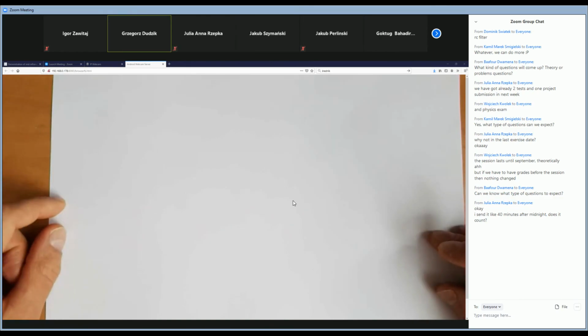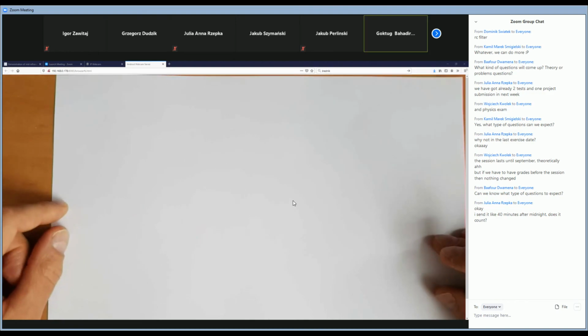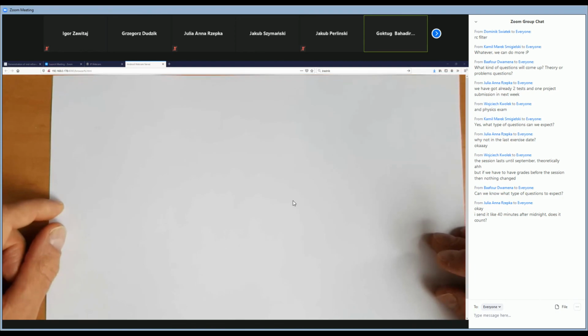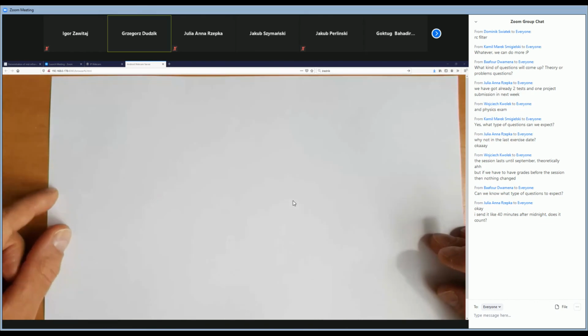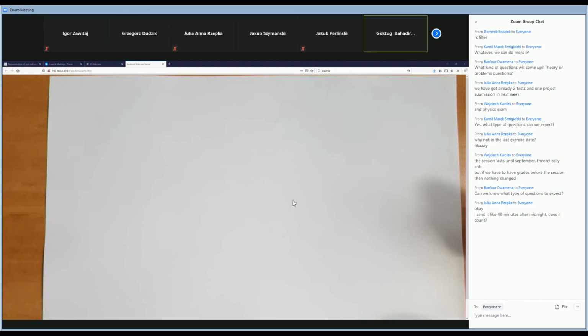So again, some of us are not sure. Just to finish, if it is possible to do the exam even in the session, like if you're able to give us grades even in the session, then you don't have a problem with the time, right? I have to ask the dean before. But if that is the case, you don't have a problem with the time, right? Yeah, that's right.